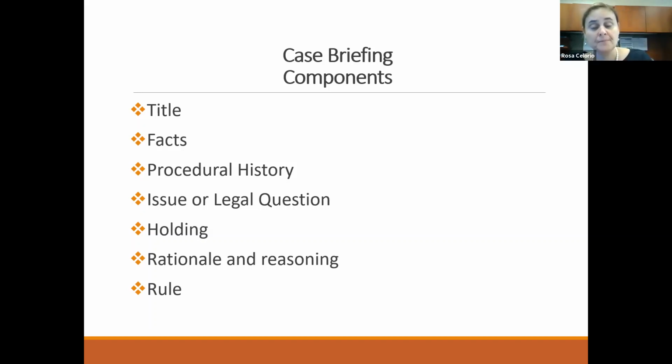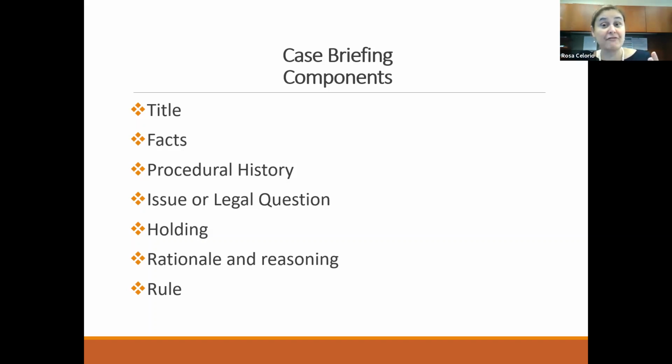In terms of components, I include some in the slide. For example, title, facts, procedural history, issue or legal question. Sometimes we call this the legal issue or the legal question that the court is trying to answer in the case. I think sometimes when you frame it in terms of legal question, it's a little bit more clear at the beginning.